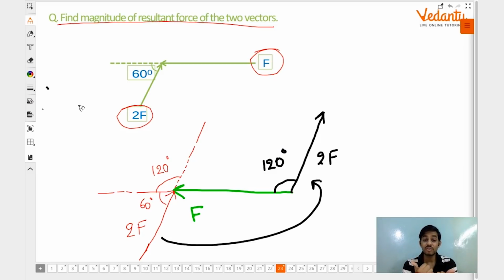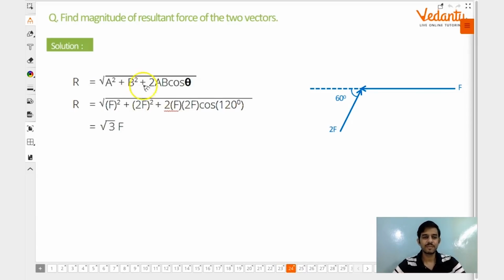Because they are joined tail to tail now. और एक बार angle मिल गया, उसके बाद तो बहुत easily कर सकते हैं. सीधा सीधा formula है under root of a square plus b square plus 2ab cos theta. Angle is cos 120. So the final resultant you will solve is f root 3.